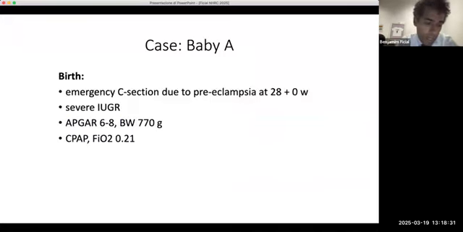So baby A was born a couple of years ago by an emergency C-section due to preeclampsia at 28 weeks of gestational age. She had a severe IUGR. But at birth, the transition was smooth. The Apgar score was 6 and 8. And she was admitted to the unit on CPAP in room air.